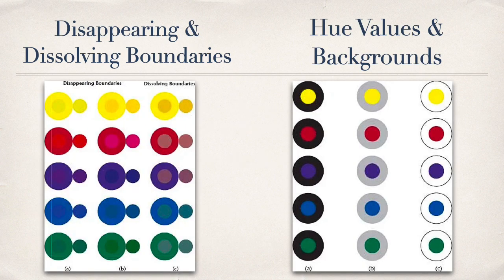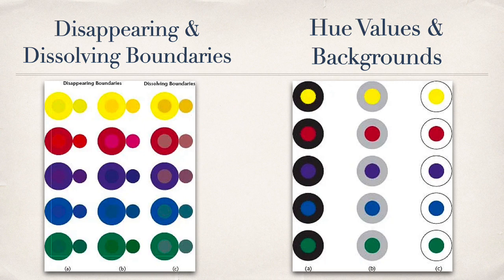Okay, so let's take a better look at disappearing and dissolving boundaries as well as our hue values and backgrounds. In the disappearing and dissolving boundaries image, we can see in columns A and B that we have our disappearing boundaries. In both columns, analogous colors are used.